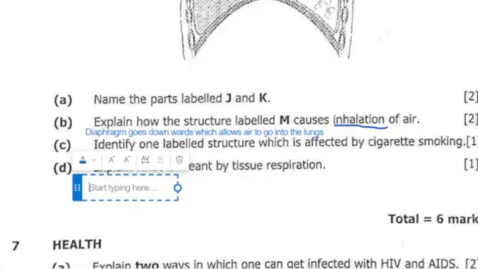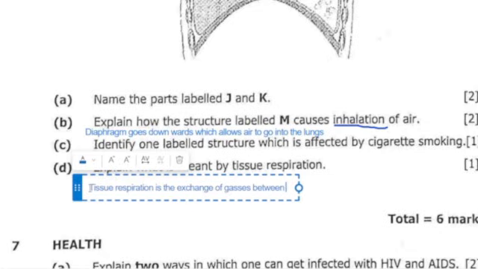So I can start by saying tissue respiration is the exchange of gases between blood and tissues.